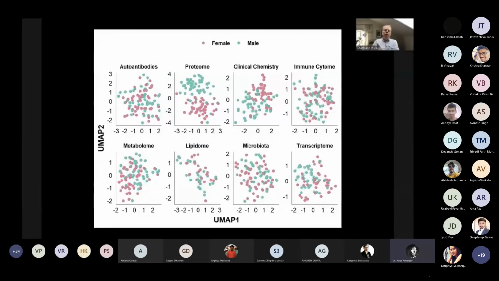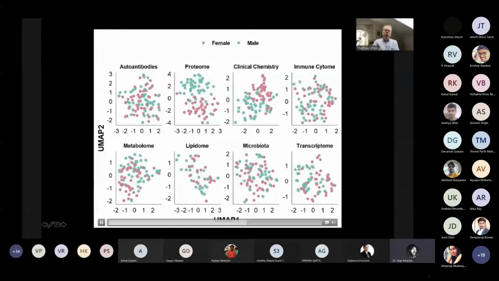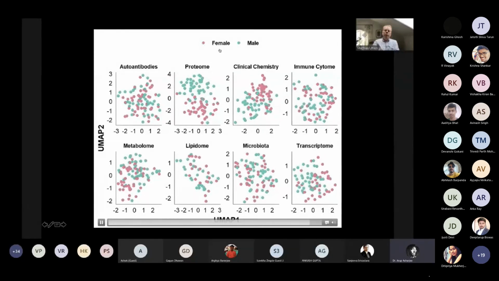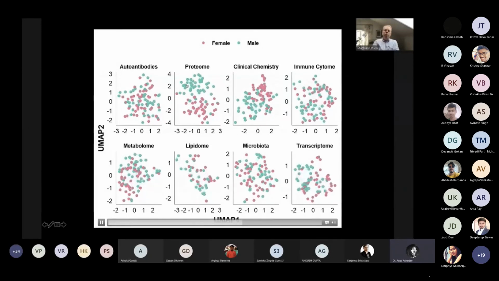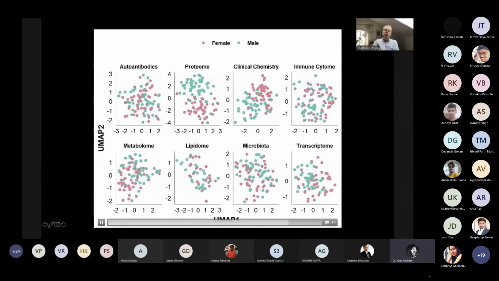You can also do these kinds of dynamic UMAP plots. Each dot here is an individual, female in red and male in green. And this is then how the whole profile of the proteome is changing during 2 years.